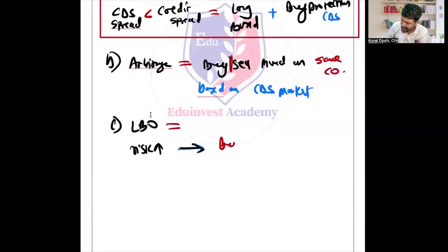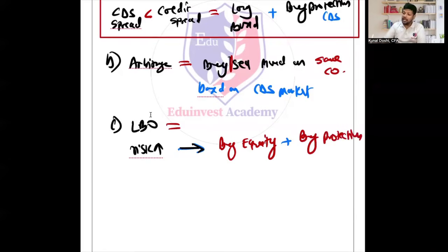But since the company also becomes riskier, they will buy the CDS, or rather the protection. Why? Because by doing so, if the LBO is successful, I'll make money. But if the LBO is not, I'm protected. It's a win-win situation. Got it?